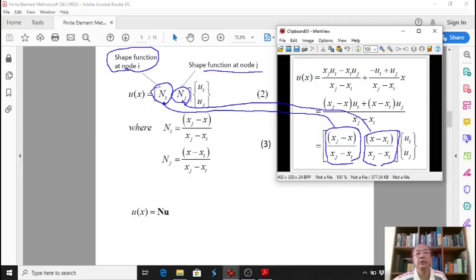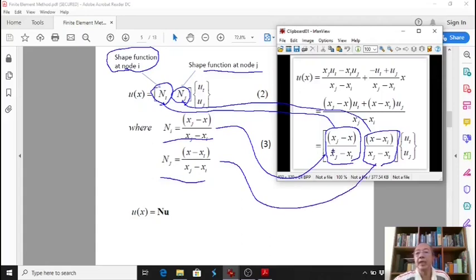So we introduce ni and nj here. All are shape functions, where ni comes from this, and nj comes from this.